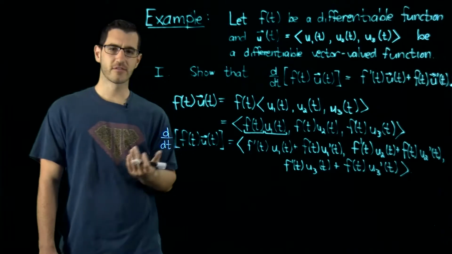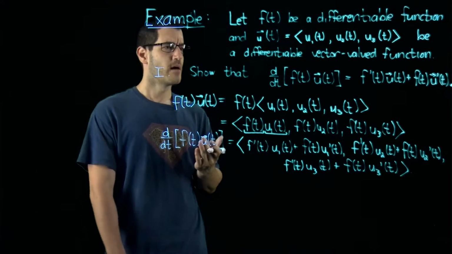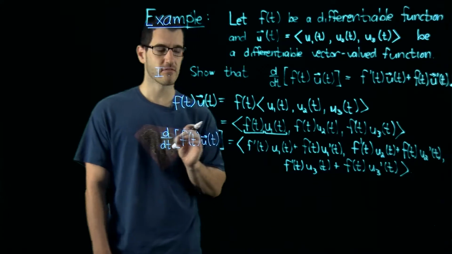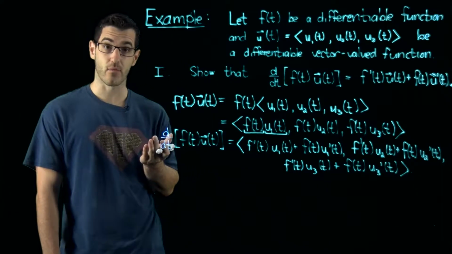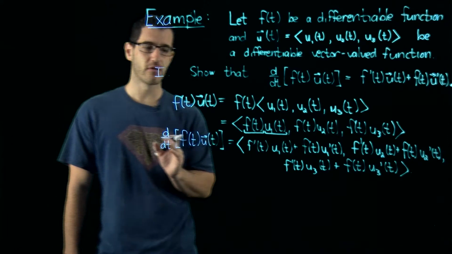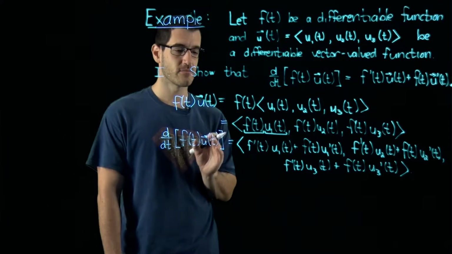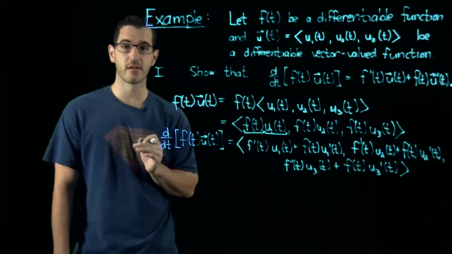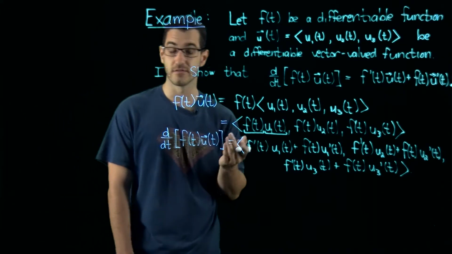OK, so that looks sort of symbolically messy, but we actually can separate this long vector into 2 other ones. Notice that in each component, part of each component has an f prime in it, and part of it has a derivative of one of the u1, u2s, or u3s.